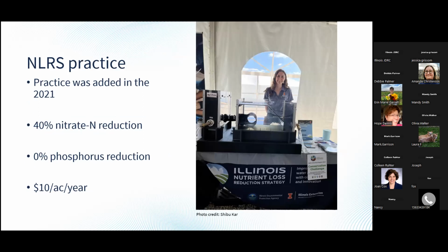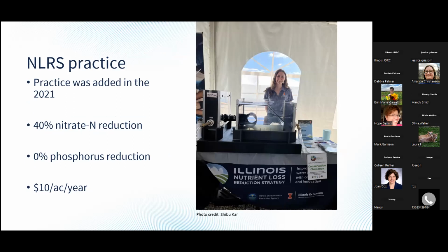So saturated buffers were added in 2021 due to the number of studies submitted, their geographic relevance, and the quality of work. The 40% nitrogen reduction is the median value of the 27 site years selected for the inclusion in the science team's assessment.